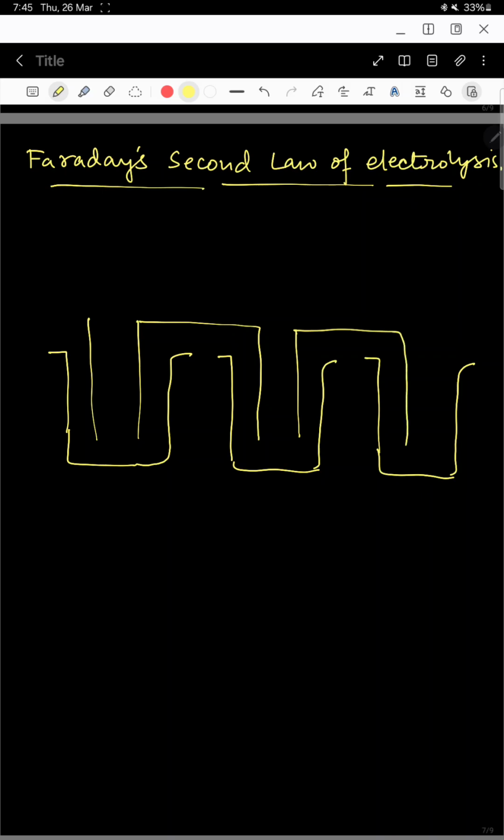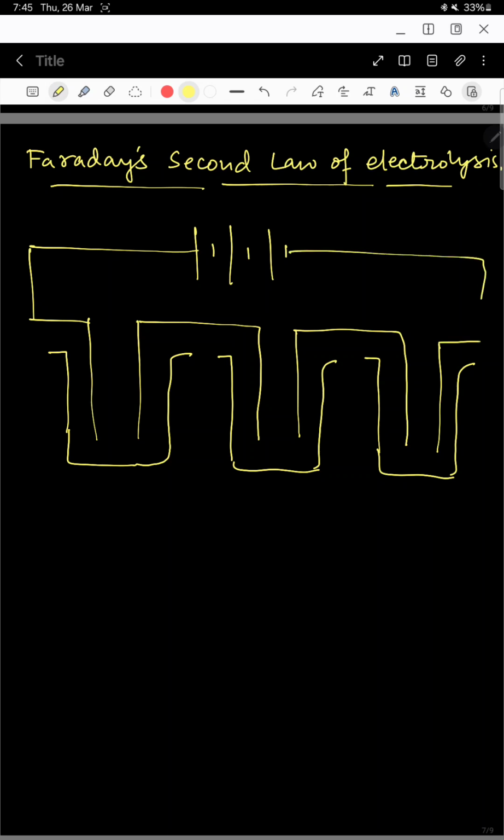Now what is the meaning of series connection? You must know from physics that when different devices are connected in series, the same charge or same current will pass through them. So these 3 electrolytic cells are connected in series, but they have different electrolytes present in them.